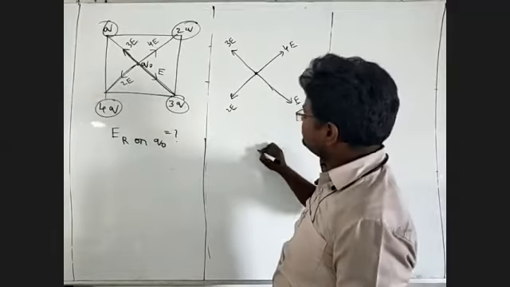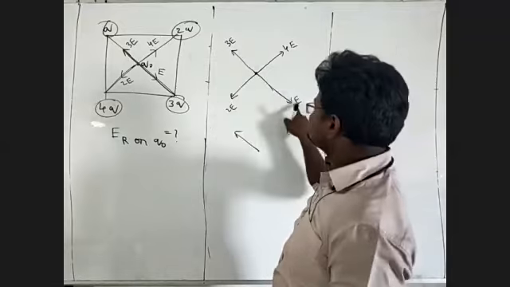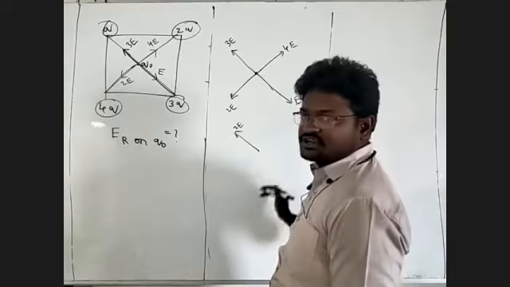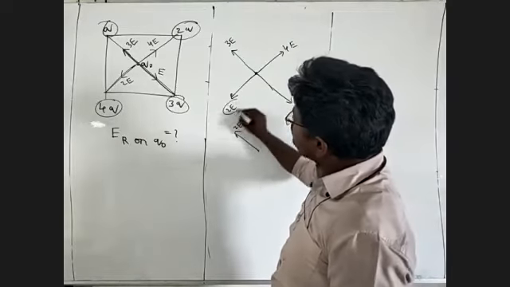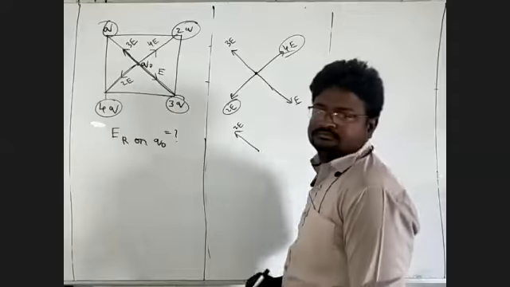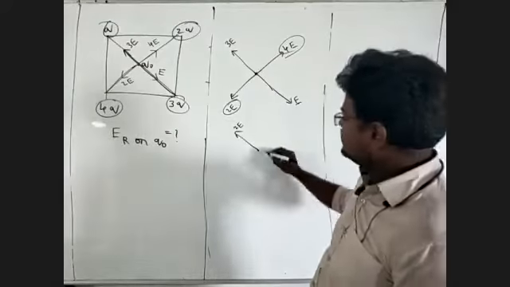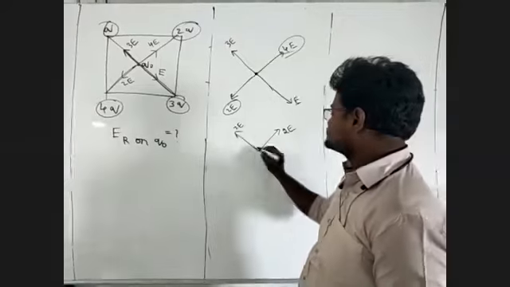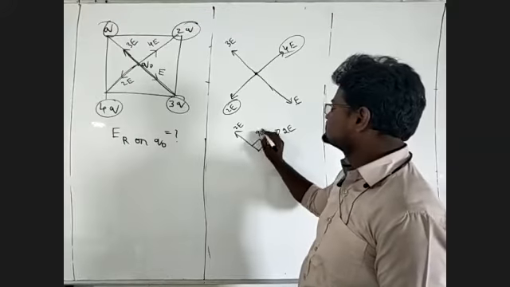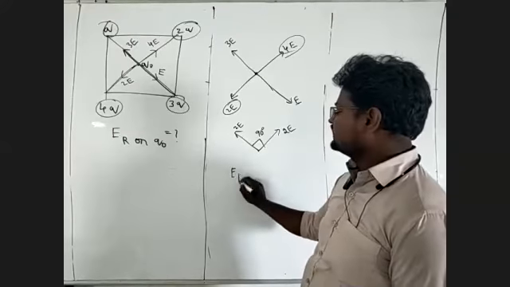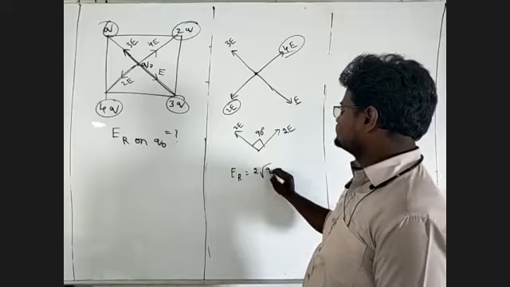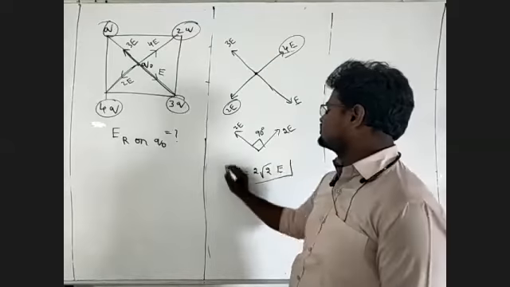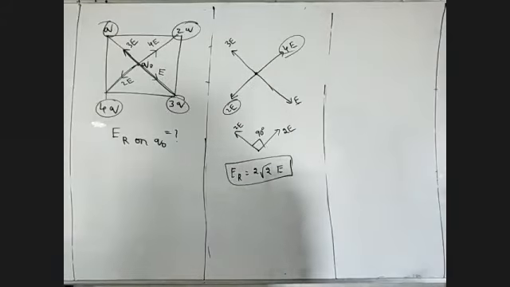Resultant field is 3E minus E, which means 2E upward. This is 2E, this is 4E, both are in opposite directions, so the resultant is 2E in the upward direction. The angle between them is 90 degrees, so the resultant is equal to 2 root 2 E. This is your answer.